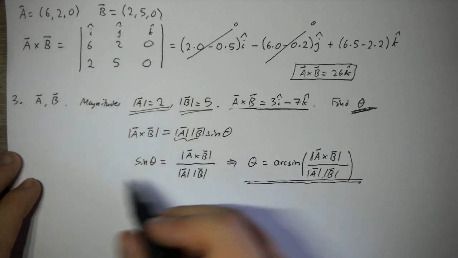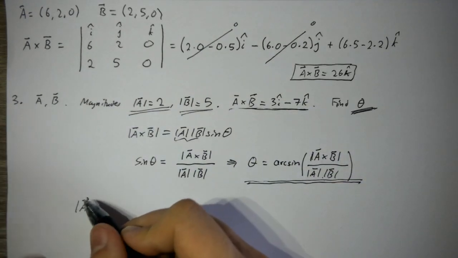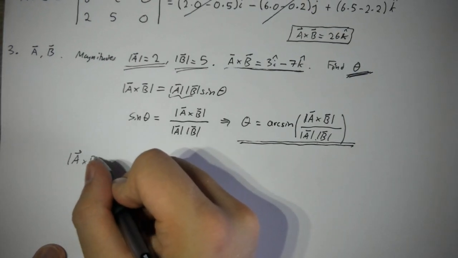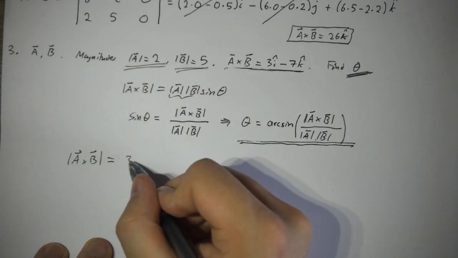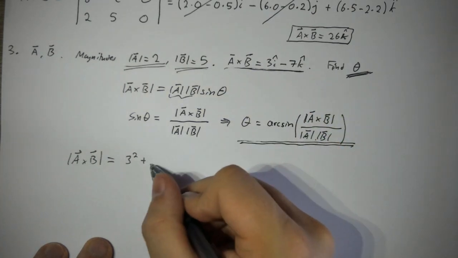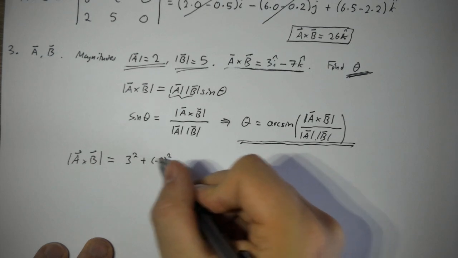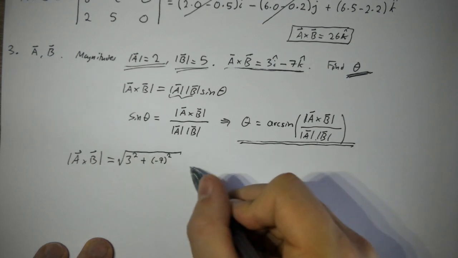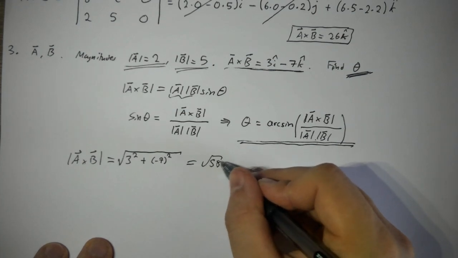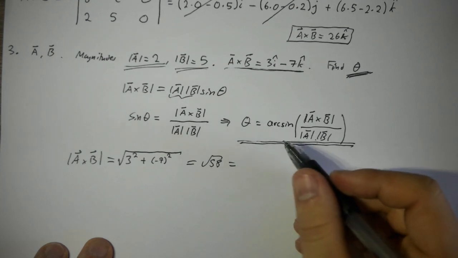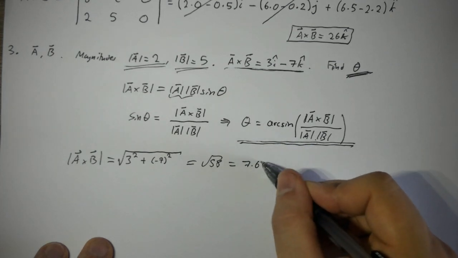We have the vector, so we can just use Pythagorean theorem to solve for the magnitude. So it's 3 squared plus -7 squared. That is square root of 58, or in decimal form, that is 7.62.